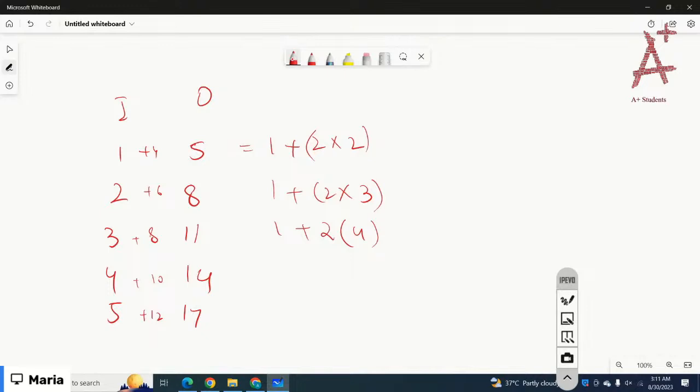No, hold on. 3 times 2 is 6 plus 2. 4 times 2 is 8 plus 3. 2 times 5 is 10 plus 4. 2 times 6 is 12 plus 5, right?